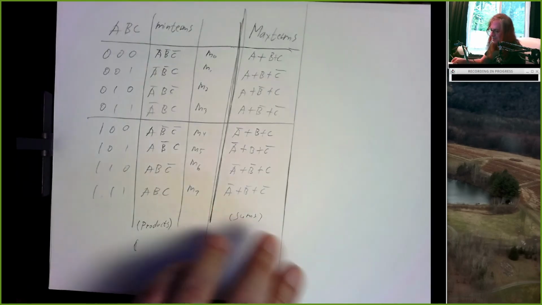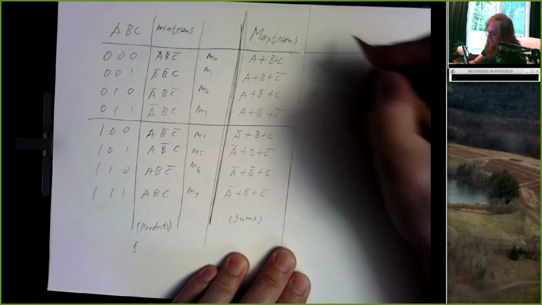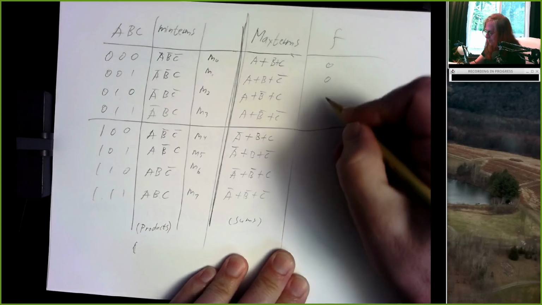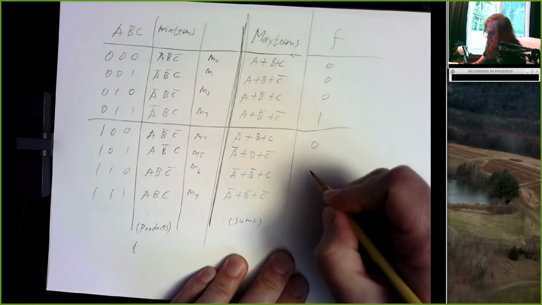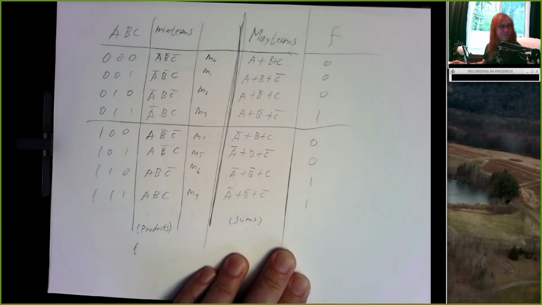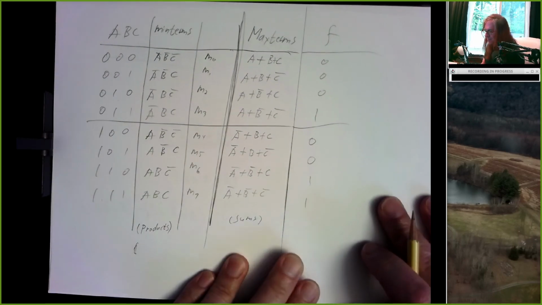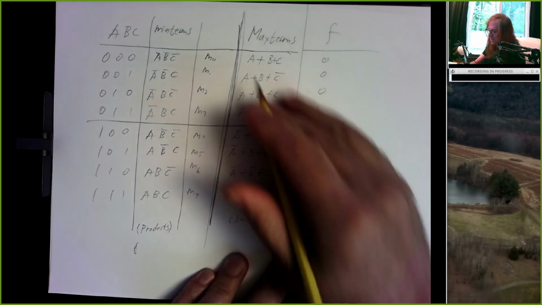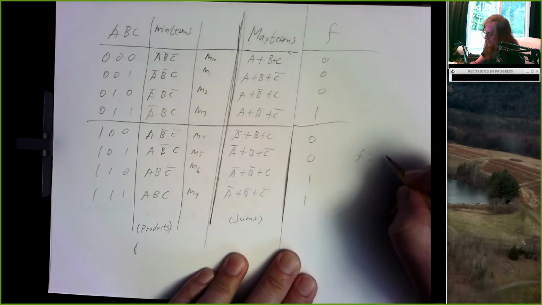So for example, if I had a function f, and so here was our original function, and I want to write a product of sums, I can do the following. I can write the max terms everywhere that I have a 0.